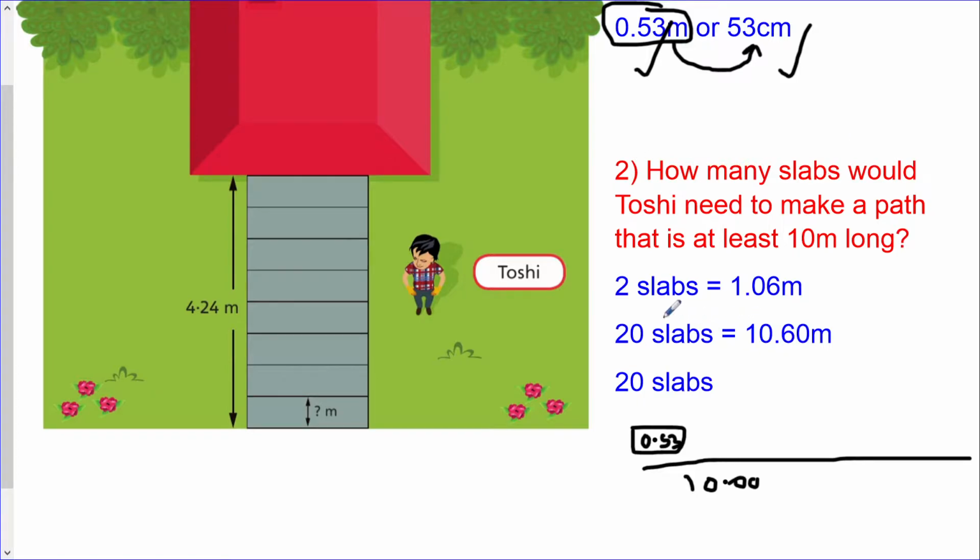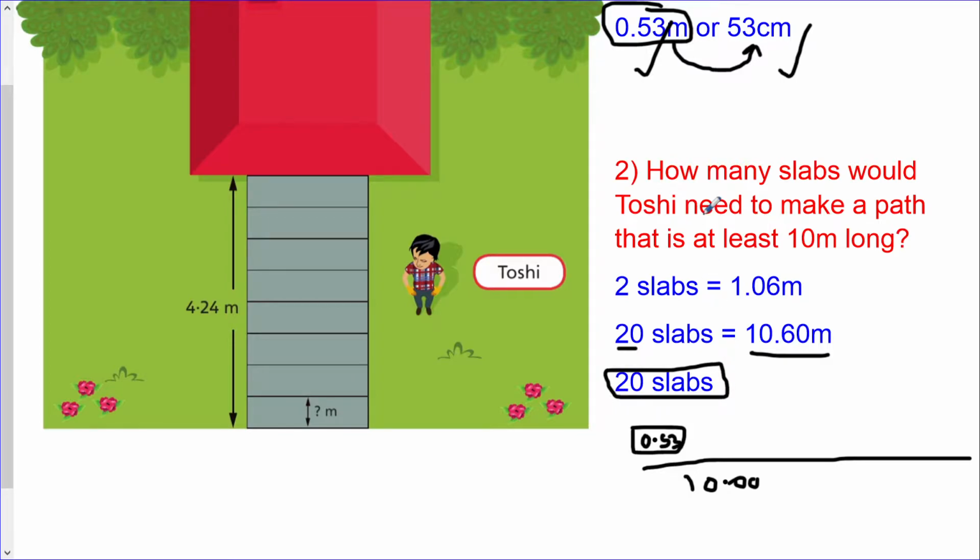So if you look at what I've done here, I've recognised that if one slab is 0.53 meters, 2 slabs would be 1.06 meters. And therefore I've realised actually if I want to get to 10 meters, I've got to have 10 lots of this to get to 10.6 meters. Now I also know that 2 slabs times by 10 would be 20 slabs. So I've put my answer as 20 slabs here.